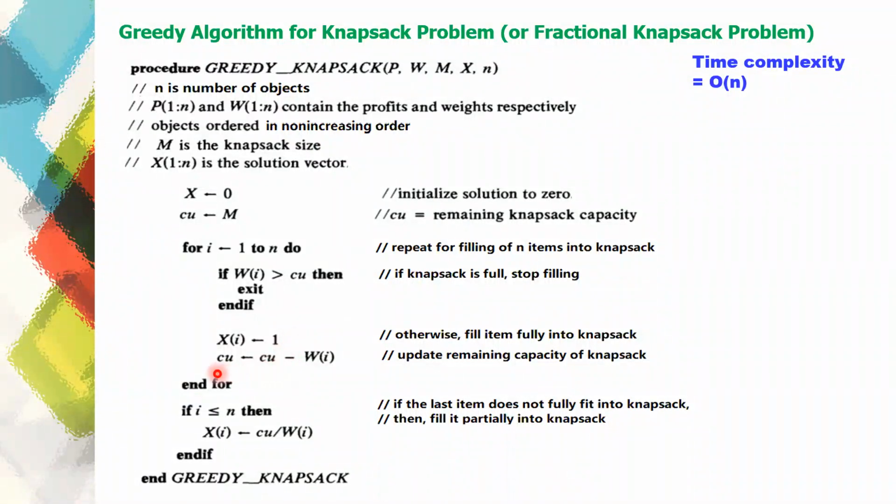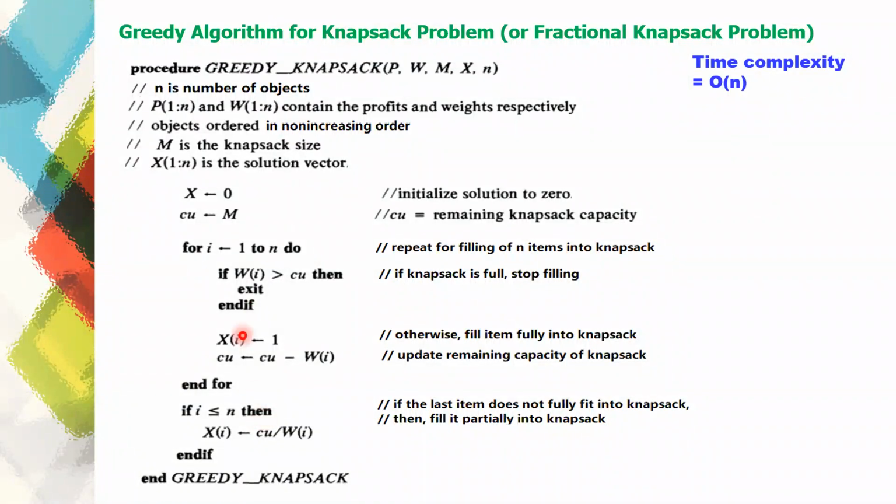And you are going to update the remaining capacity of the bag. This you'll repeat for first item to nth item. If the bag is full, you'll stop and come out. If the bag is empty, then you'll fill the item fully into the bag and update the remaining capacity of the bag. Now, after coming out, the bag may be completely full or the bag may be somewhat empty.